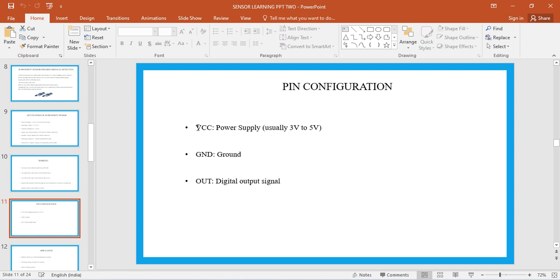Seeing the pin configuration, it has 3 pins: input, ground, and output. Input is VCC, with a power supply of about 3 to 5 volt. Ground is ground, and output is the digital output.